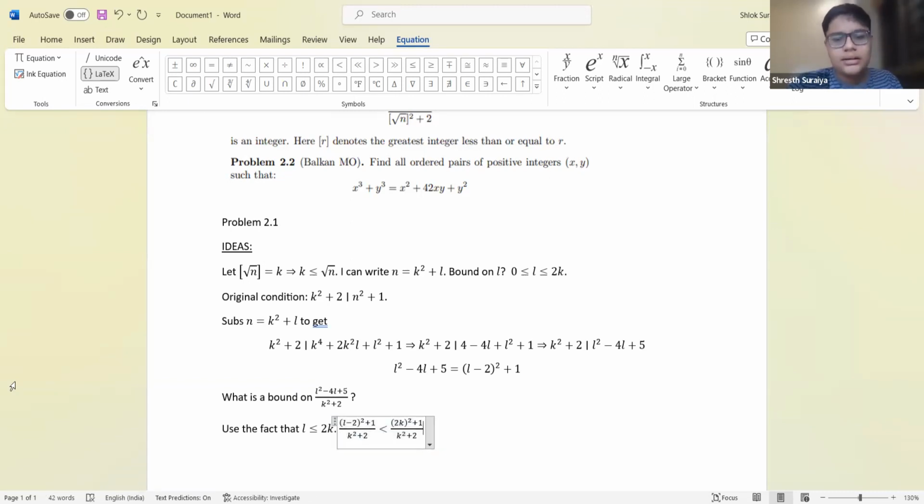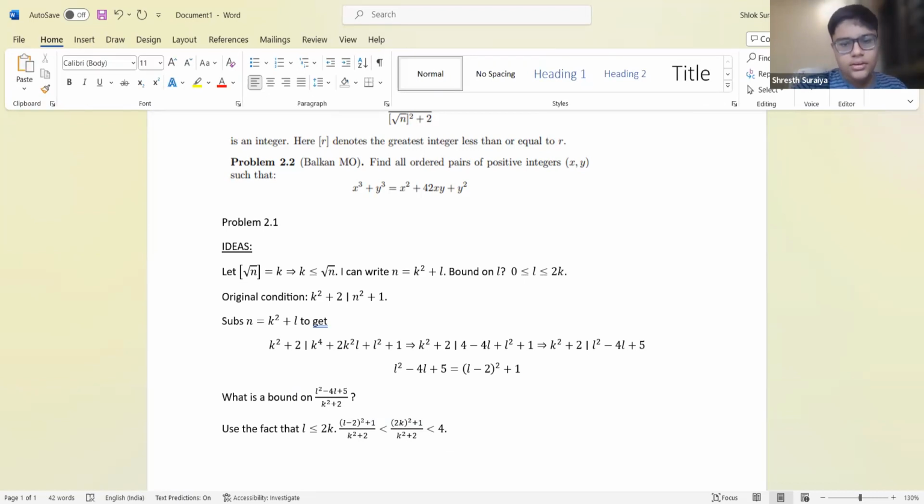That is a very weak bound, but it's still helpful for us because it becomes 4k squared plus 1 upon k squared plus 2, which is less than 4.